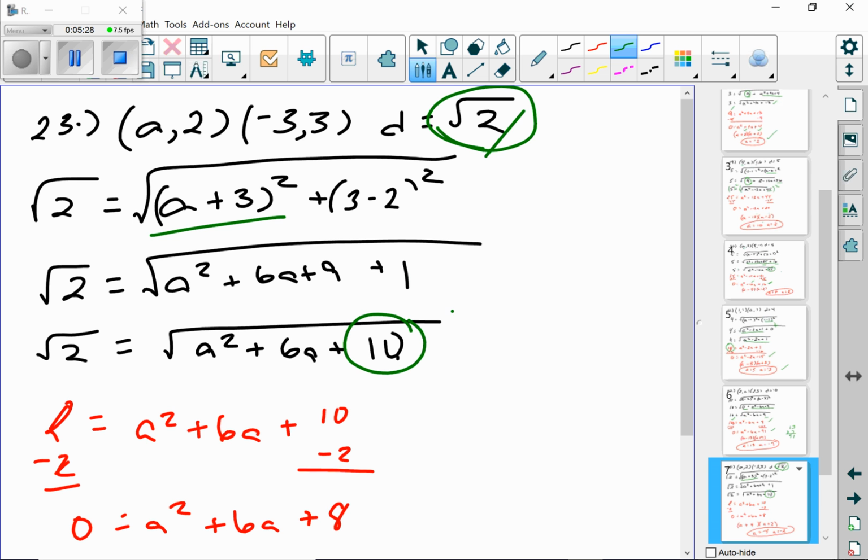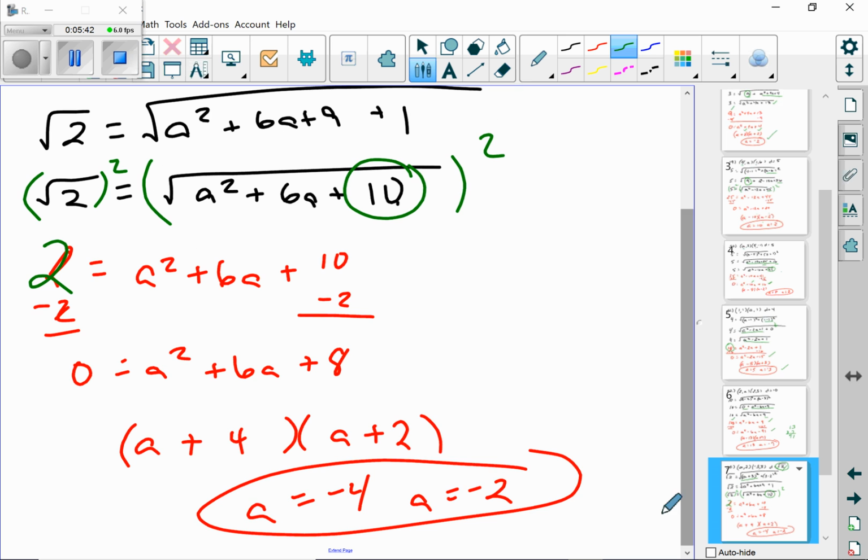Square both sides. When you square both sides this time, all you do is remove the radical signs on both sides. So this side is a 2. This side stays a squared plus 6a plus 10. Subtract 2, you get 8. Factor that 8 into 2 and 4. 2 plus 4 makes 6. 2 times 4 is 8. Solve each. You get a equals negative 4, a equals negative 2.